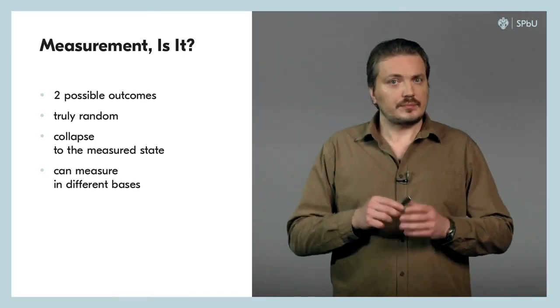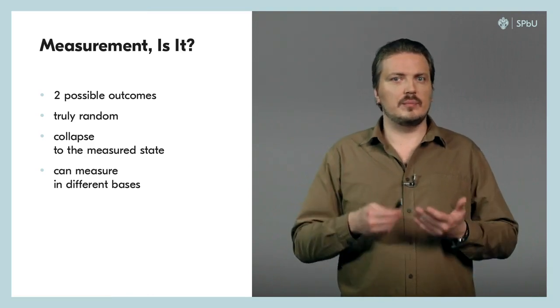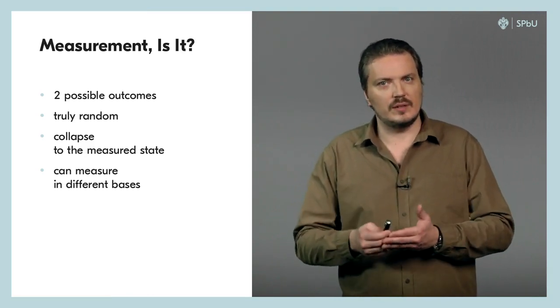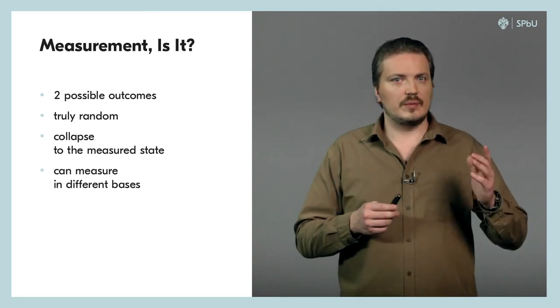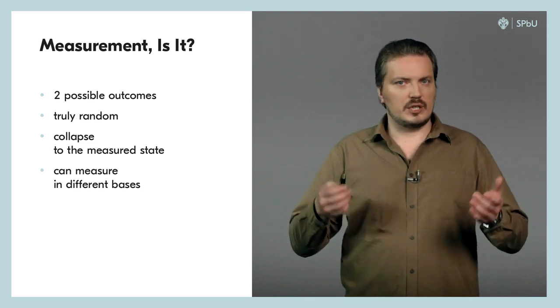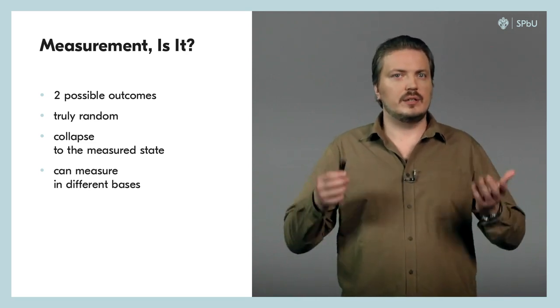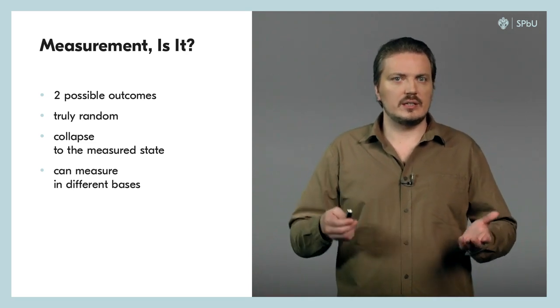Well, we are experienced enough to see here all properties of a measurement process of a two-level system. First, we have two possible easily distinguishable measurement results. Second, for a particular particle, these results are truly random.